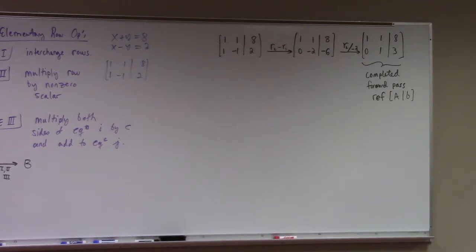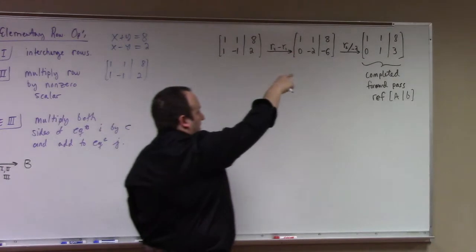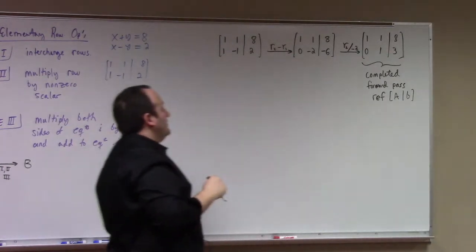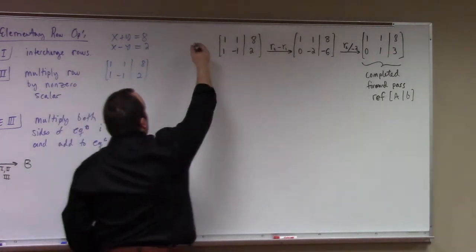It's symmetric, it's transitive, and any matrix is related to itself. These are called row equivalent matrices. The idea being, of course, that row equivalent augmented matrices share the same solution set. That's what I was motivating up to this point. So anyway, that 1, 1, 8, 0, 1, 3 is row equivalent to my initial matrix here, right?